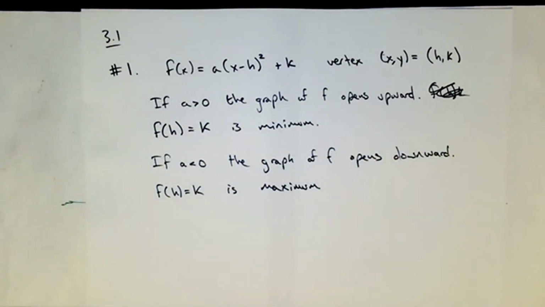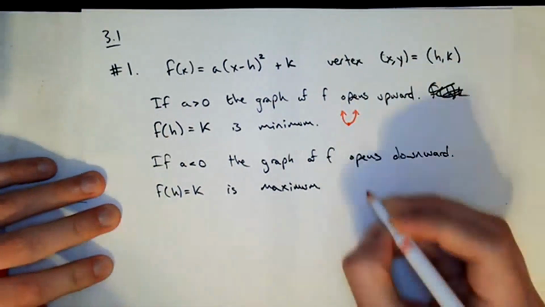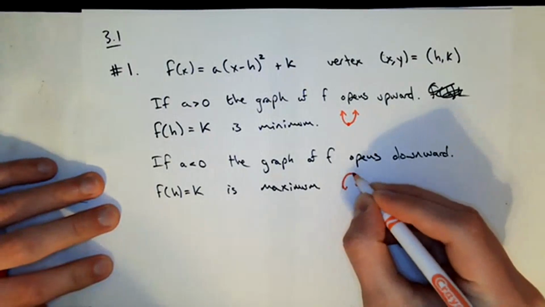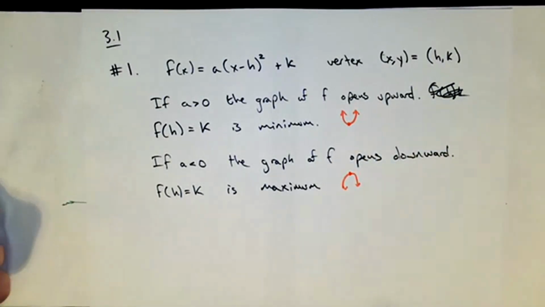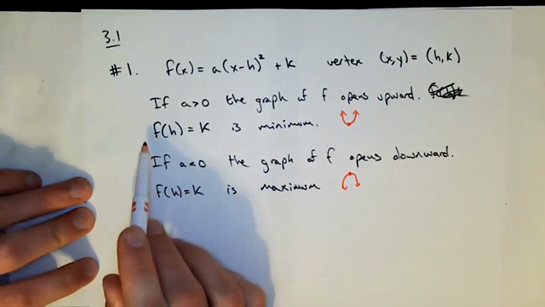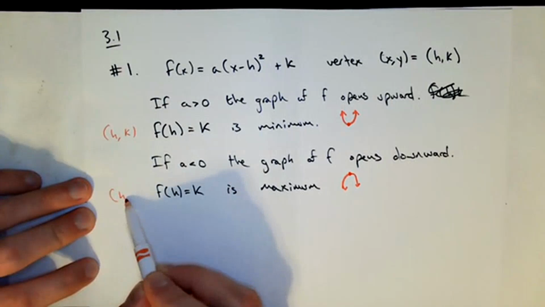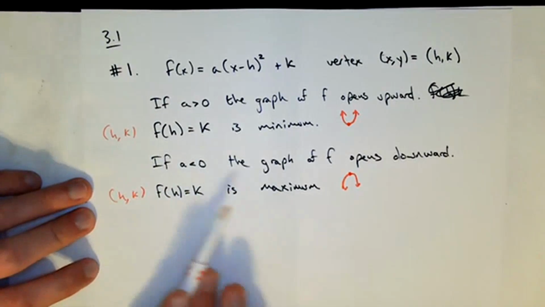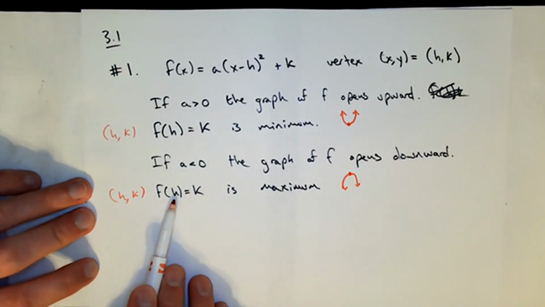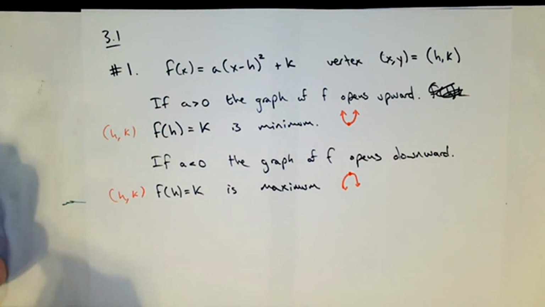Right, because if the graph is pointing up, then it has a lowest point right there, and if the graph is pointing down, then it has a highest point right there. And this f(h) = k is just another way of writing the vertex (h, k). It's just another way of describing this coordinate point, saying plugging in an input of h, getting an output of k.